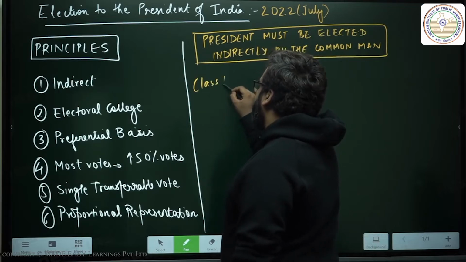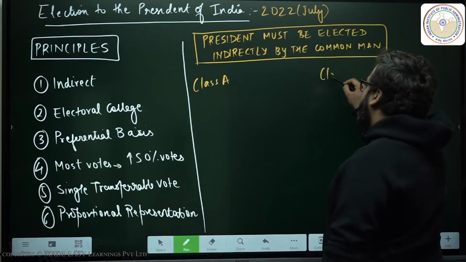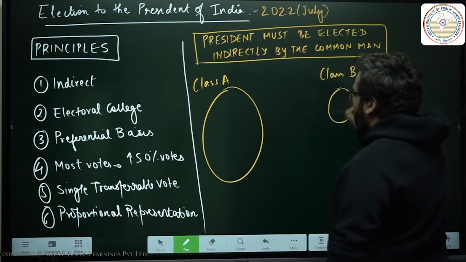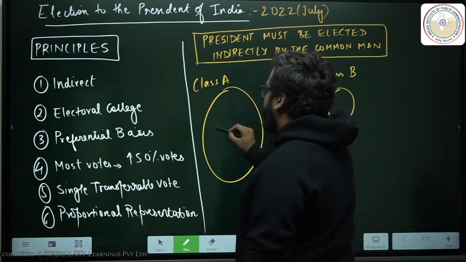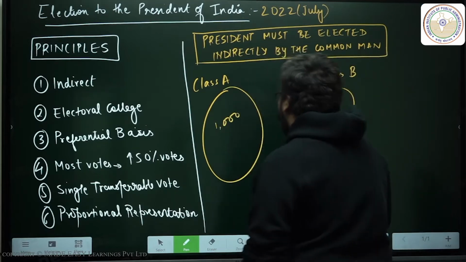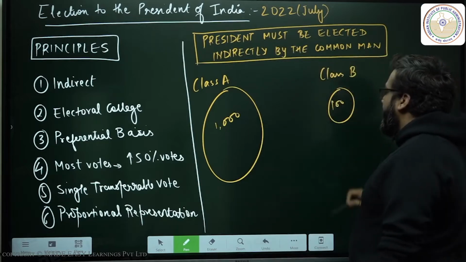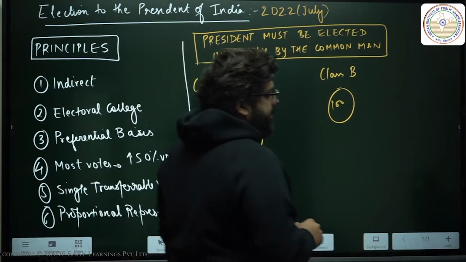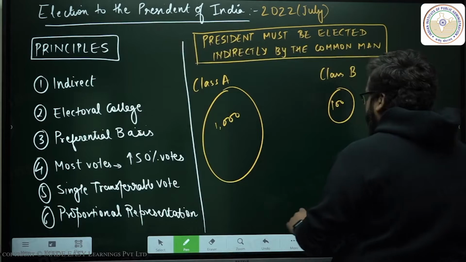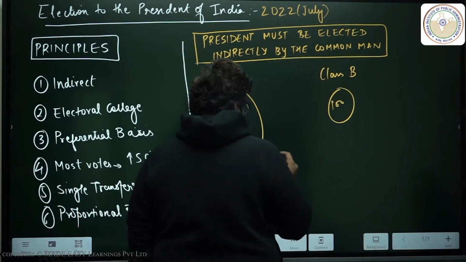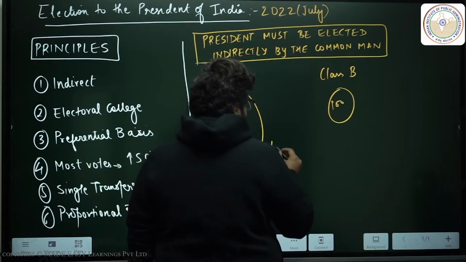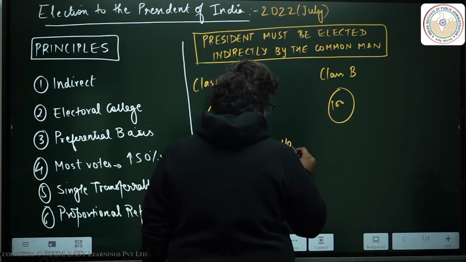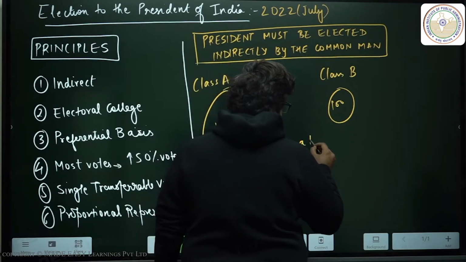Suppose this is class A and suppose this is class B. Class A has 1000 students and class B has 100 students. On the basis of this, if I ask you a specific set of questions, such as question number 1, which class out of the two has a bigger classroom?